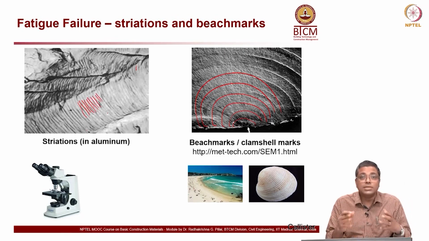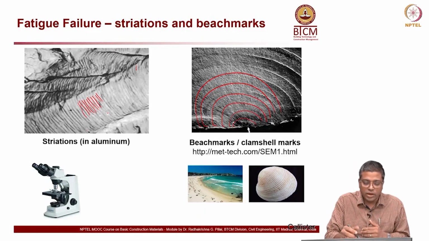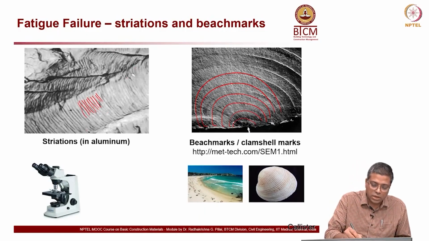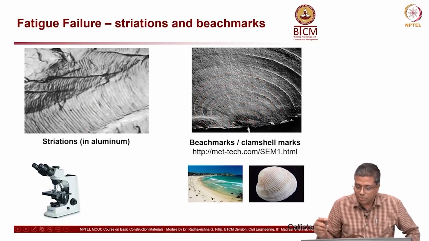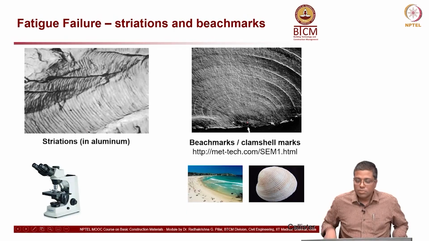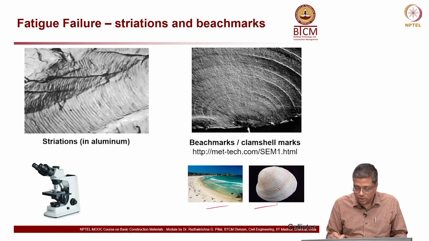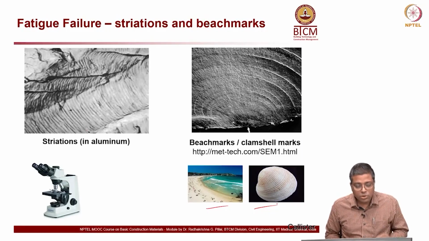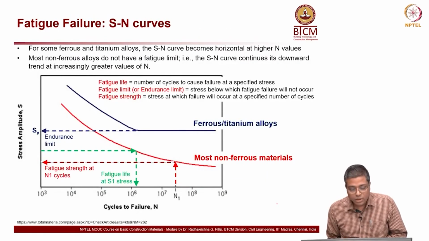That indicates each loading cycle, or a small propagation of the failure under each loading cycle. They also call it beach marks or clamshell marks because it looks similar to that. Anyway, in the microscope, you can probably see the millions of cycles, which is the evidence that it does not happen in just a few cycles of loading.